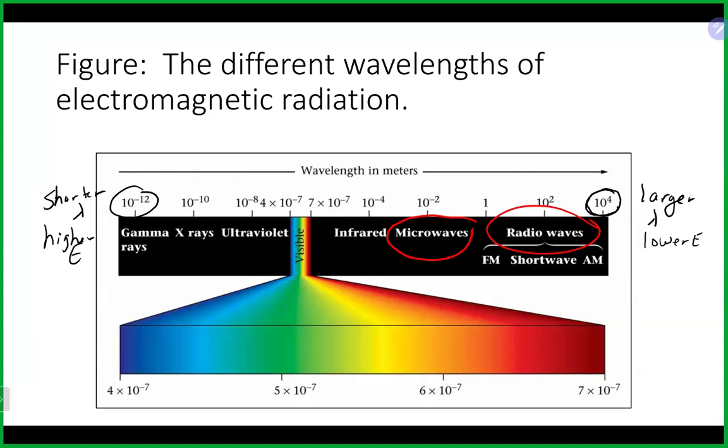It's not too bad. Coming next is the infrared part of the spectrum, where you feel heat and stuff like that. After that, again getting shorter in wavelength, higher in energy, we're going to hit the visible part of the spectrum. That again is where we see color.